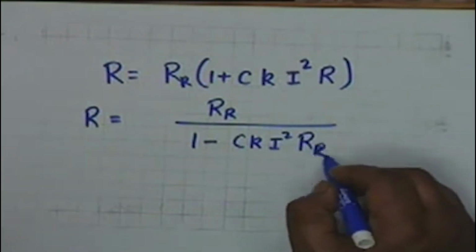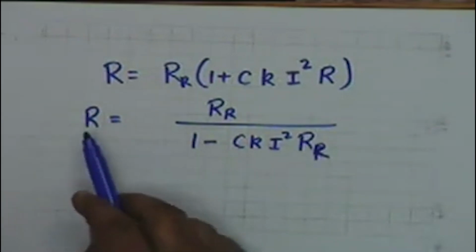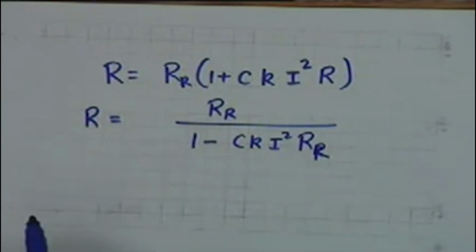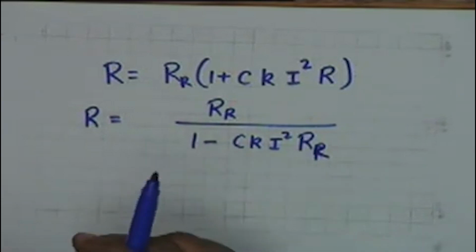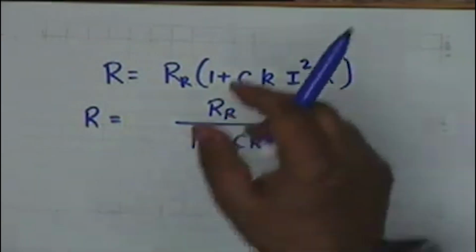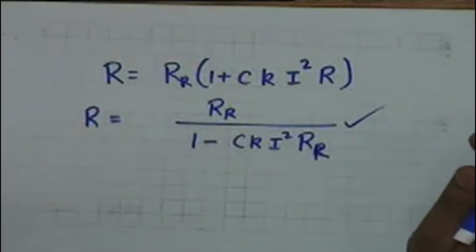Agreed? This is therefore the expression. Now what is the relationship between R and I? Is it linear? No, it is a nonlinear relationship. A linear resistor should not depend on the current that flows. Therefore it clearly shows that the fuse is a nonlinear resistor.